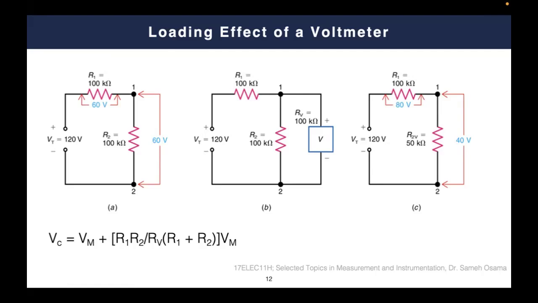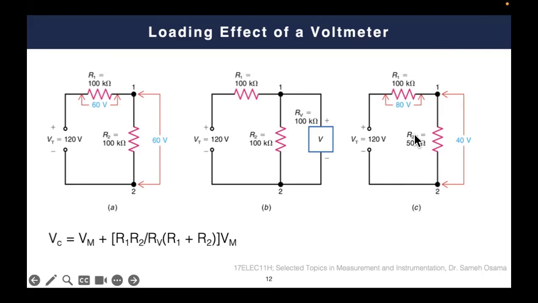And based on the circuit theory we know, these two 100Ks connected in parallel are seen as an equivalent of 50K. So from the source point of view, we have 100K connected with 50K.